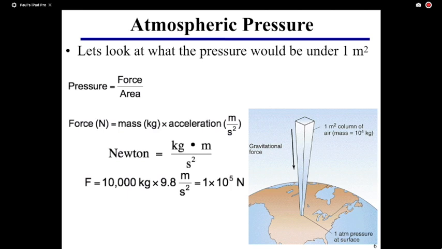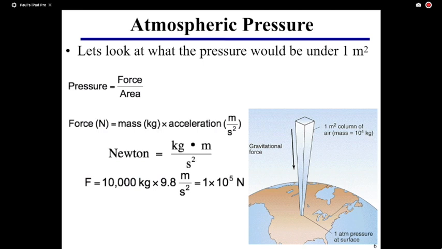All right, so 2.2 times 10,000 is 22,000 pounds, divided by 2,000 is 11 tons. 11 tons of air are being pulled down by gravity in that meter squared. That's a crazy amount of air, but it doesn't crush us because we have pressure equalized.